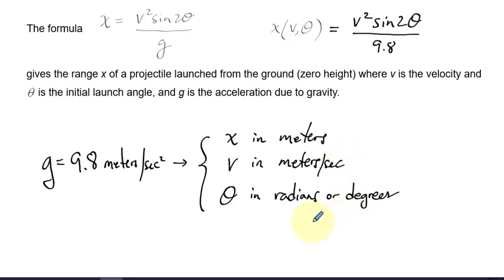The angle could be measured in radians or degrees. That doesn't matter, at least in the way that I have the function written here, as long as you recognize whether you're in degrees or in radians. When you do the calculation, you could use either one.